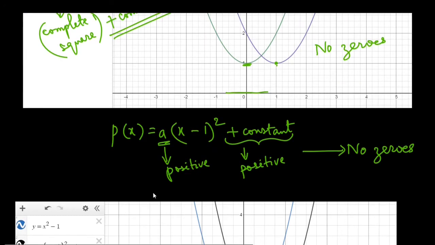If a is negative and the constant here is also negative, then also no zeros.